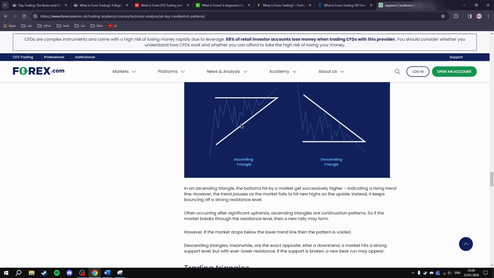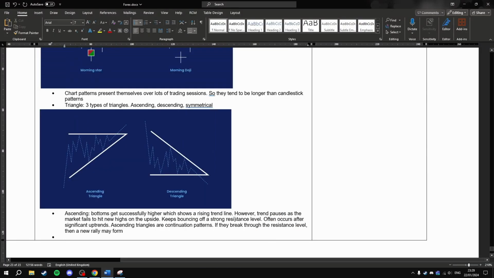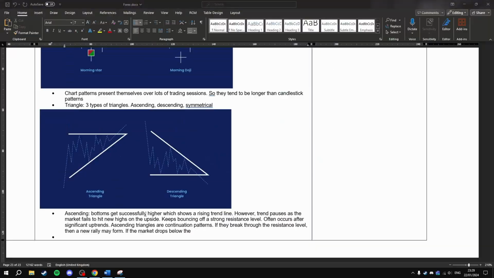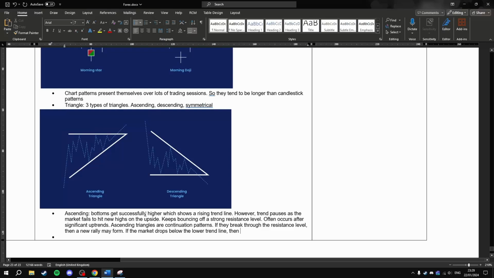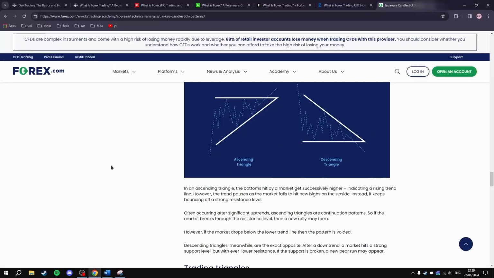So if it drops below here, so if it goes like that and it goes down, then the pattern is voided. I think when they say lower trend line, they refer to that line right there.